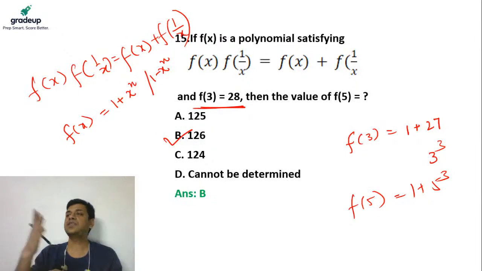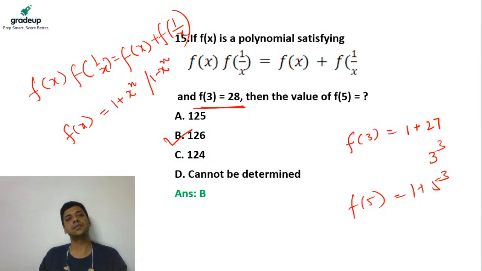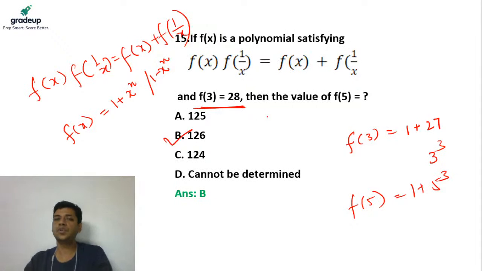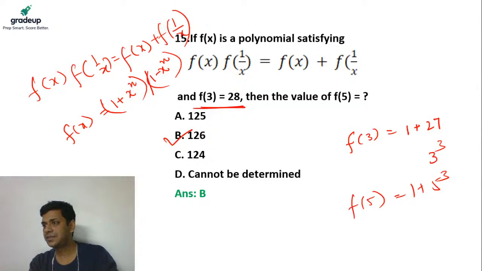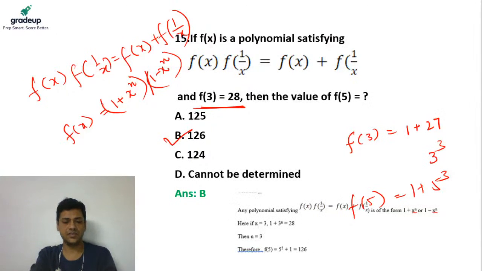So f(x) into f(1 upon x) equals f(x) plus f(1 upon x) is possible only if, is it clear guys? Okay, just let me know. Paras, Dipanshi, Harish, Shayan, just let me know in case you have an issue, as we are just moving on.